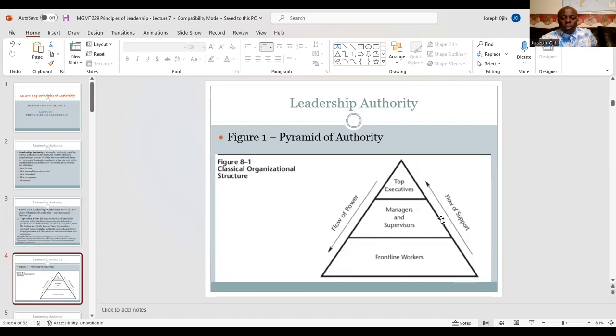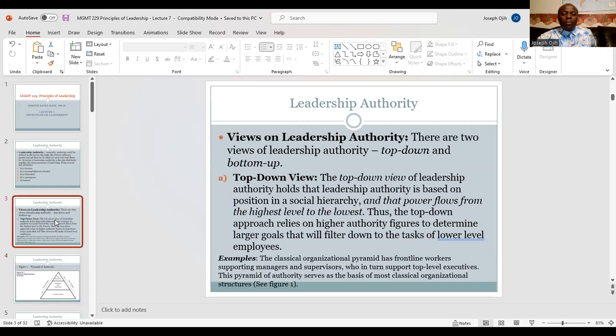But support for the executive flows from the frontline employees to managers and supervisors, and then to the top executives. Unlike that, the flow of power that accompanies authority goes from top to bottom. Hence the name top-down view of authority.